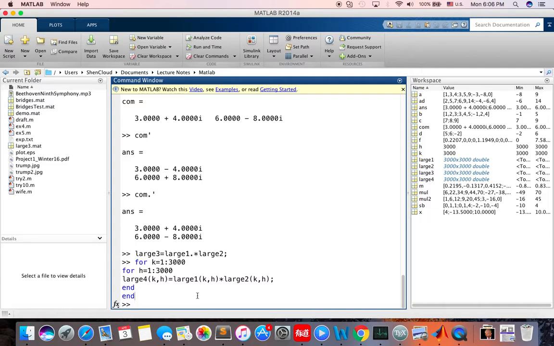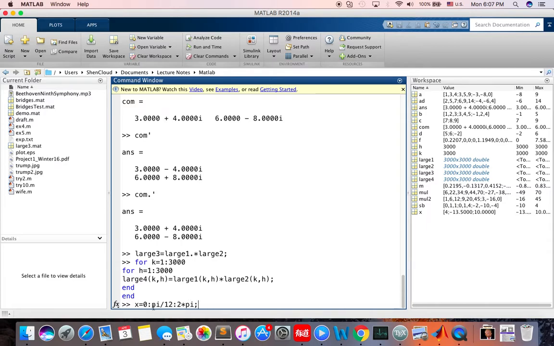And Matlab has some functions for plotting graphs. For example, we are supposed to plot sine of x from 0 to 2 pi. So first we need to create a domain x from 0 with interval pi over 12 up to 2 times pi.